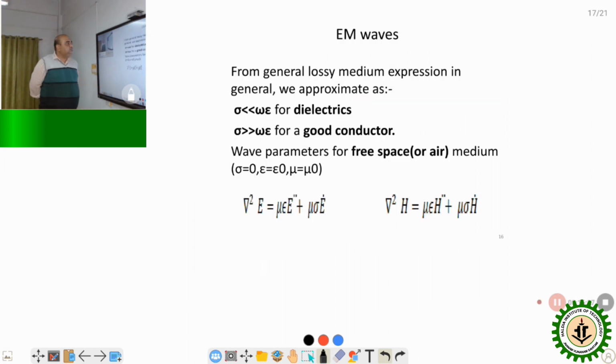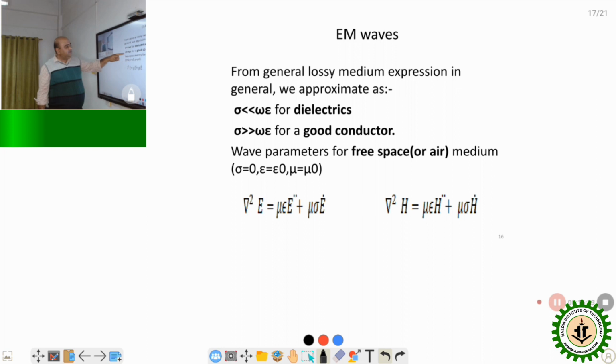Next, coming to different types of medium, as already explained, we make certain approximations. If sigma is much less than omega epsilon, that medium is termed a dielectric. If sigma is much greater than omega epsilon, that medium is known as a very good conductor.